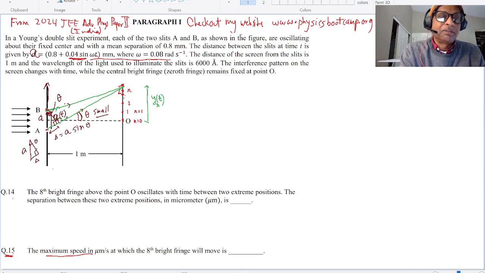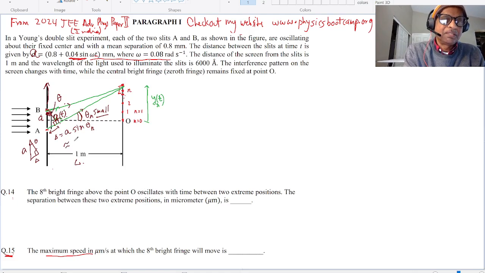And theta is different for different n, so let's put theta n. Now the distance to the screen is given, so let's call this L. So theta n will be yn over L if it was tangent.